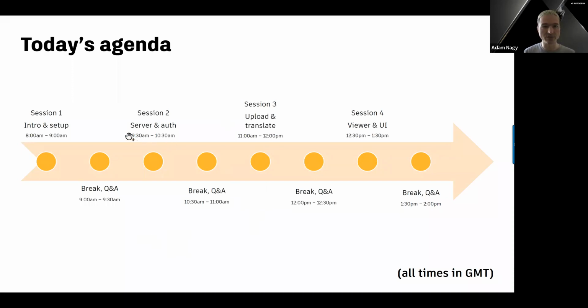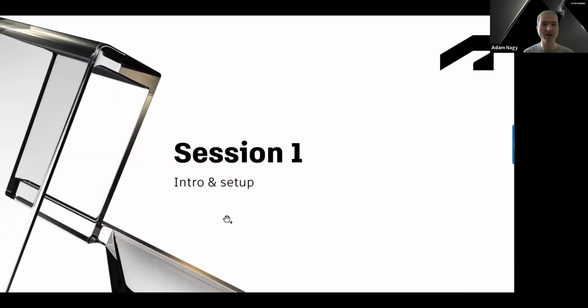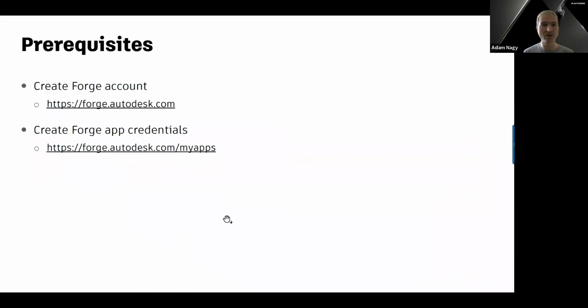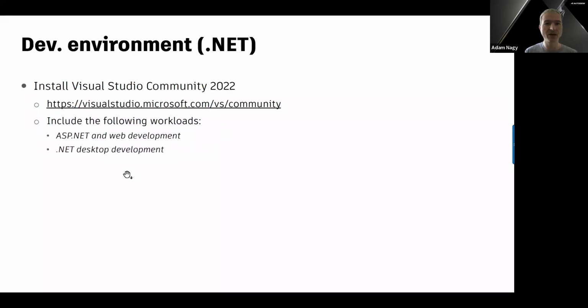But anyway, so this should be coming up then. Again, just quickly going through the prerequisites. Go to forge.autodesk.com, make sure you created your app, download Visual Studio 2022, install it, make sure it has these two components selected when you're installing, ASP.NET and web development, and .NET desktop development.